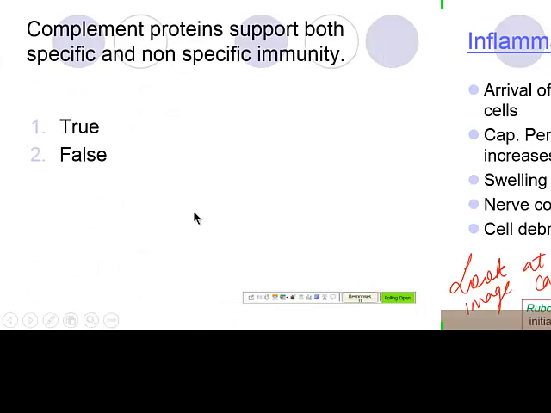This one: complement proteins support both specific and non-specific immunity. I think I mentioned this a million times, so everybody should get this correct.